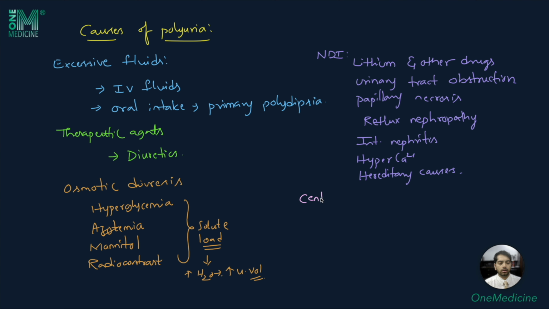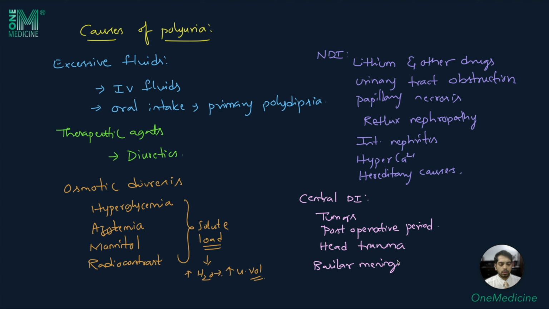Central diabetes insipidus is caused by tumors of the CNS, post-operative period, head trauma, bacillary meningitis, neurosarcoidosis.